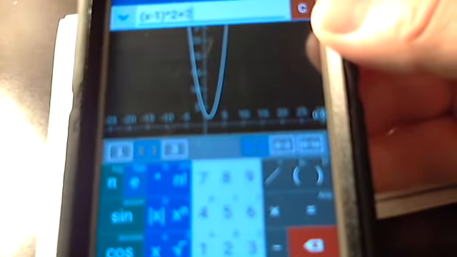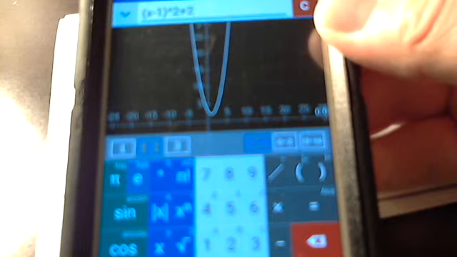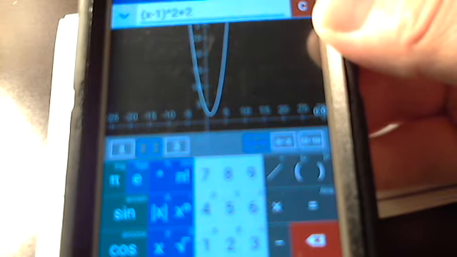Now, sometimes it helps to graph these things and see what they look like. Now, here is my grapher, and as you can see, that graph is just the x squared graph with a scale factor of 1 inside the parentheses and a scale factor of 2 on the outside.